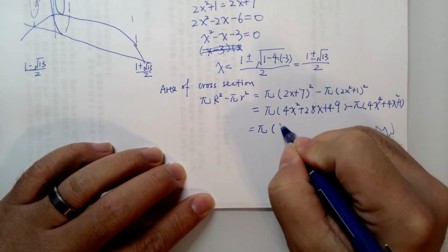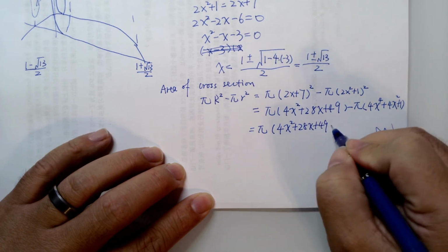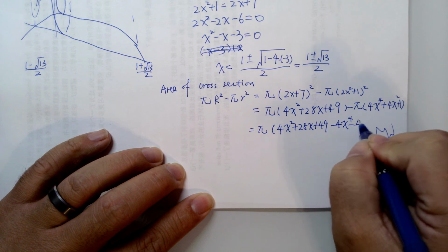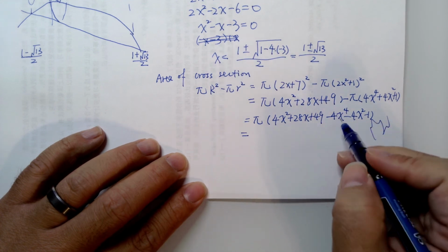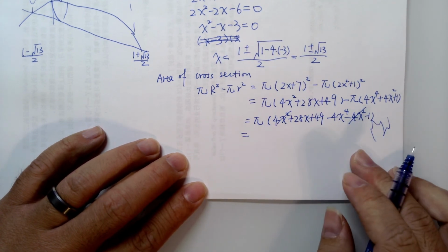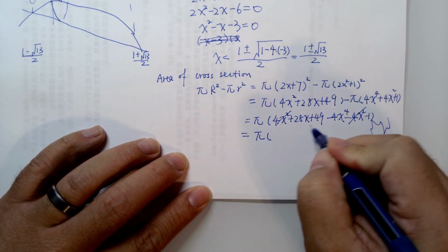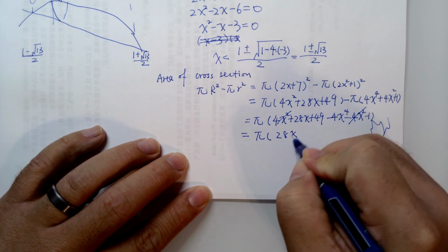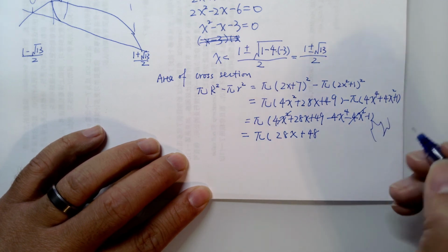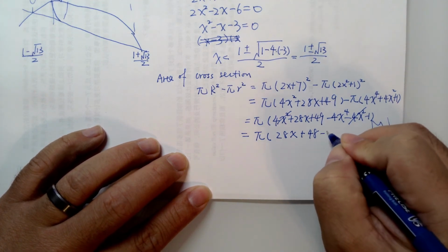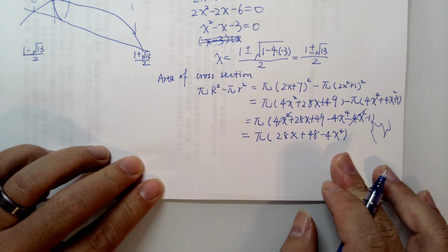We have pi times 4x squared plus 28x plus 49, minus 4x to the power 4, minus 4x squared, minus 1. These two can be cancelled. What's left is pi times 28x plus 48, because this is 49 minus 1, and then minus 4x to the power 4. Okay, so that is the area of the cross section.